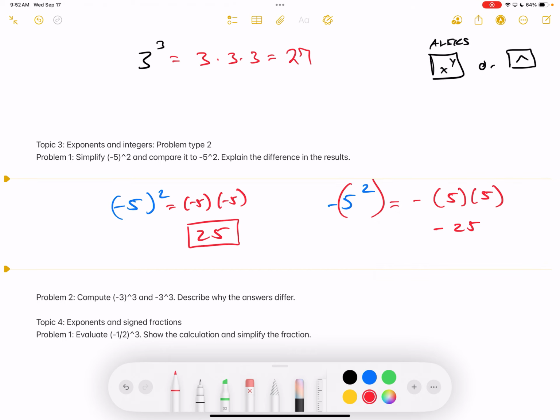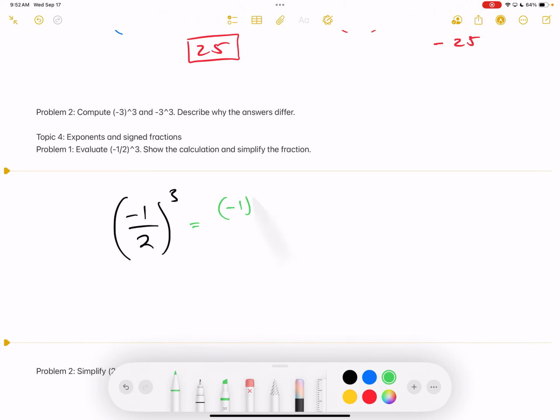All right, what happens if you take a fraction to an exponent? On this one, you are going to take everything inside the parentheses to the third power. So I do negative 1 cubed and 2 cubed. So negative 1 times negative 1 times negative 1.